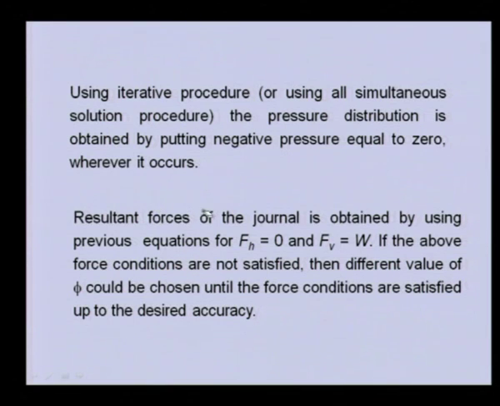The resultant forces on the journal are obtained using the previous equations, with horizontal force equal to 0 and vertical force equal to the weight of the journal. If the above force conditions are not satisfied, then a different value of phi is chosen until the force conditions are satisfied to the desired accuracy. So, basically, we are trying to find, for a particular epsilon value, what the phi value should be to satisfy these two conditions.